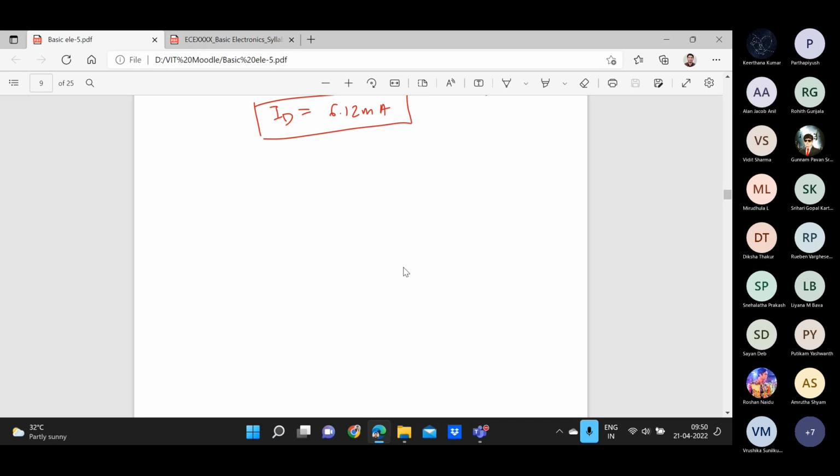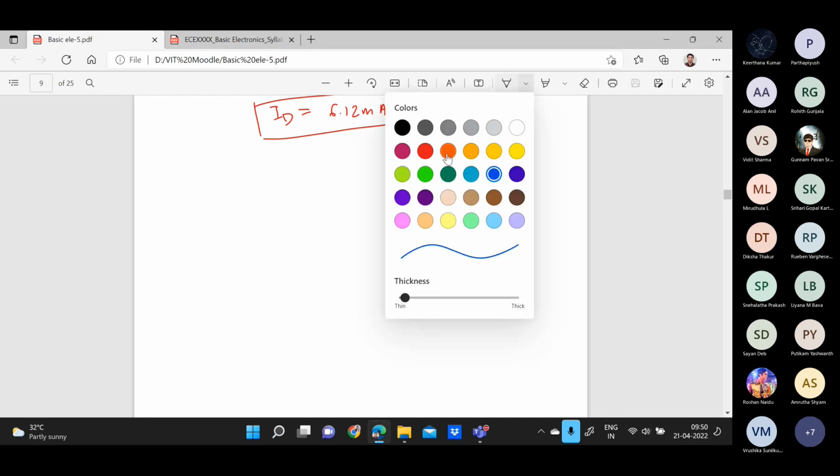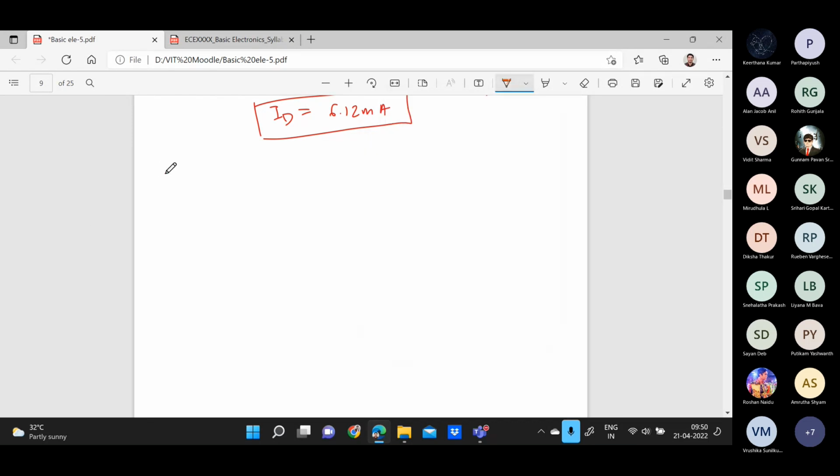Okay. So let's start with numericals. We saw the theory part of MOSFET and FET in the previous lecture, so directly we will start the numericals here. In the question they have given, in case of junction field effect transistor, the value of ID is 5 milliamps.